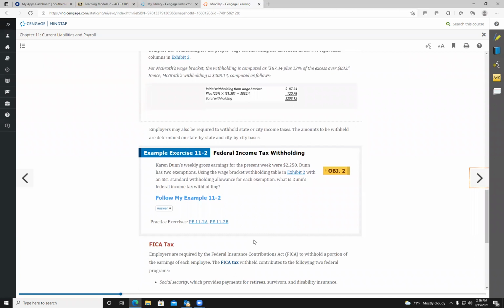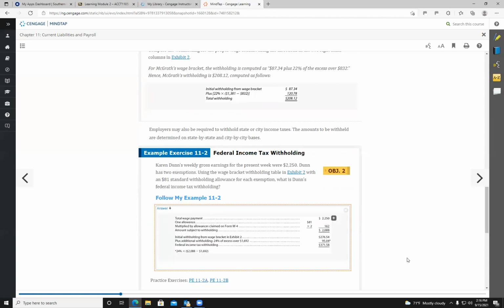So let's look at this example. Let's talk about Karen Dunn's weekly gross earnings for the present week. They were $2,250. Dunn has 2 exemptions, and using the wage bracket withholding with an $81 standard withholding allowance for each exemption, what is Dunn's federal income tax withholding?